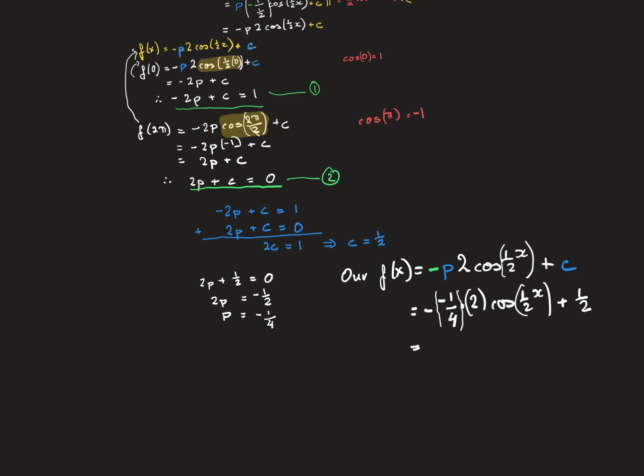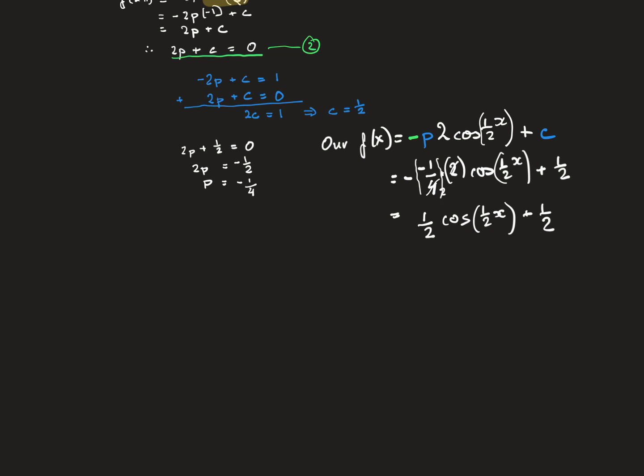So in that case, what we have is a minus and a minus becomes a plus, and 2 and 4 will cancel down. So this is just going to be a half cos a half x plus a half. So I'm satisfied with that answer.